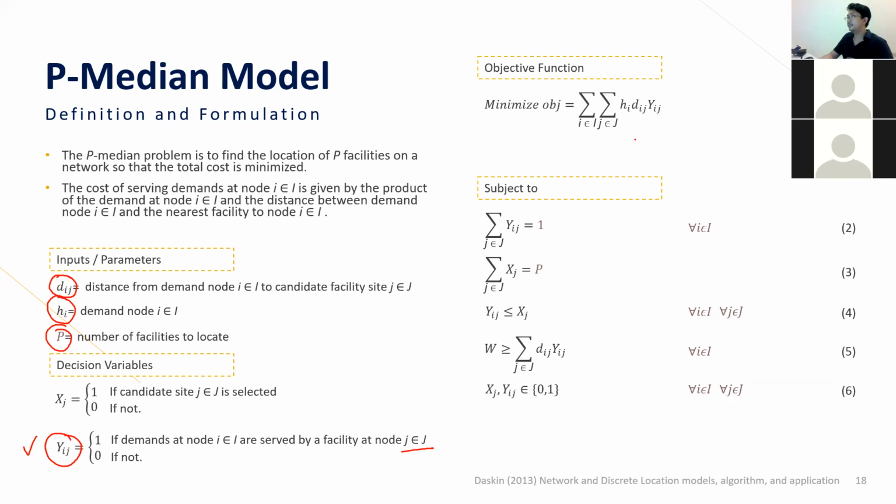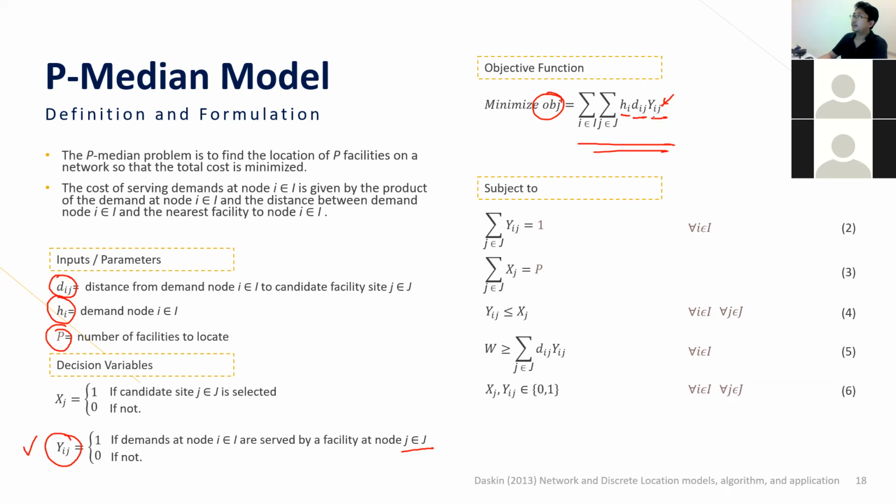For the objective, we want to minimize the demand at that particular node multiplied by the distance, multiplied by whether that demand is covered by a particular facility j.